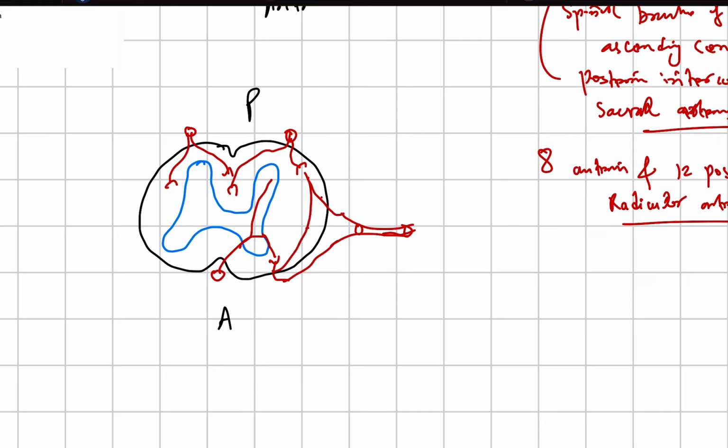This is the blood supply inside the internal structure of the spinal cord.